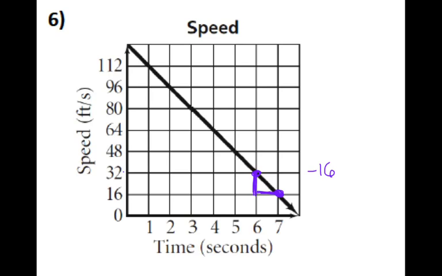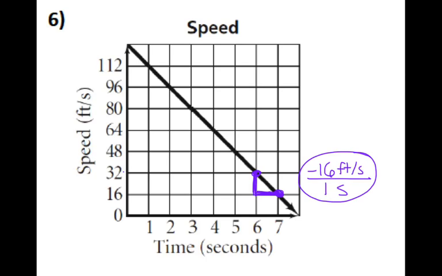And you include your units, that's feet per second, so negative 16 feet per second. And then the units on the x-axis here are seconds, so that's over, and that's 1 second. From 6 to 7 there, that's only 1 second. So that would be the answer.